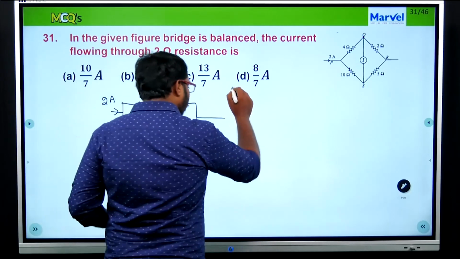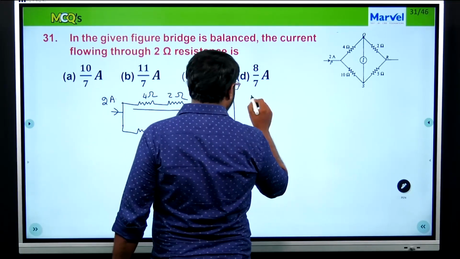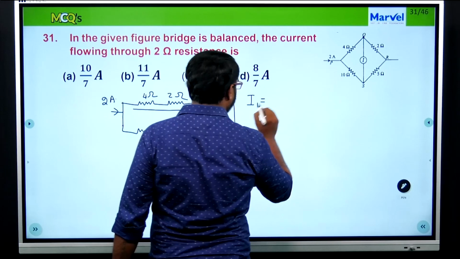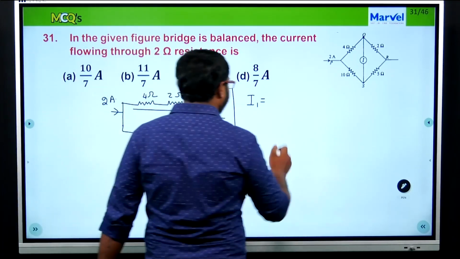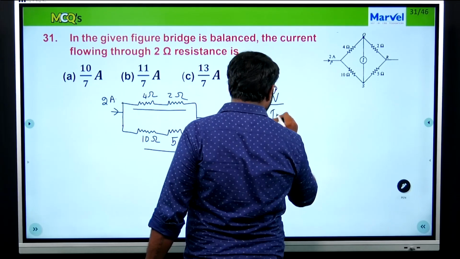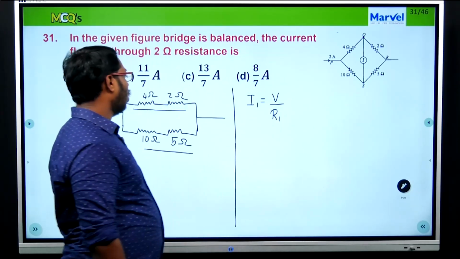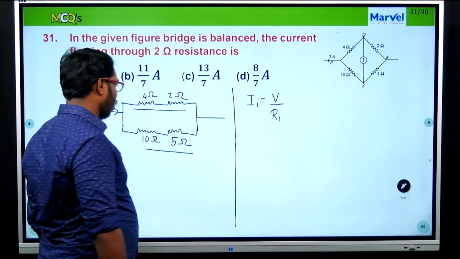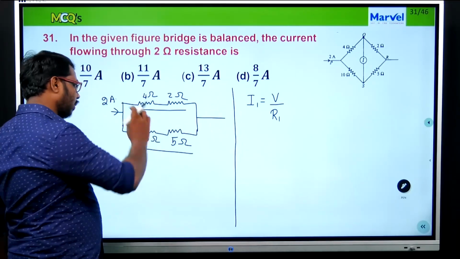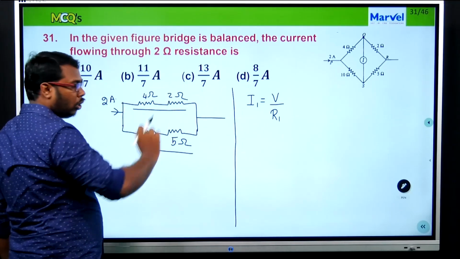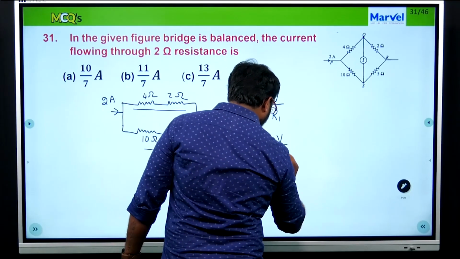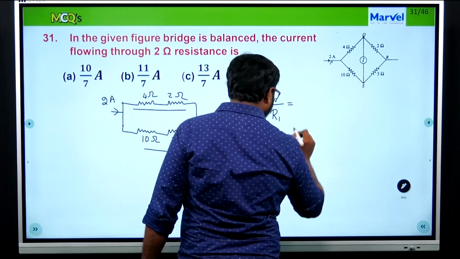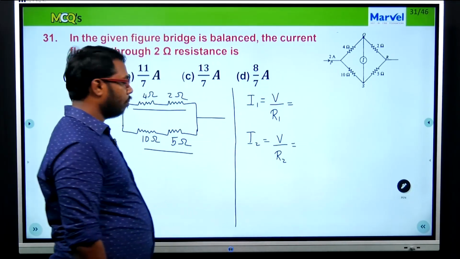So see how I am going to construct. I1 is equal to, how to represent that? V by R1. I1 is equal to V by R1. So 1 represents the first branch on the top. I2 is equal to V by R2. This represents the second branch at the bottom.